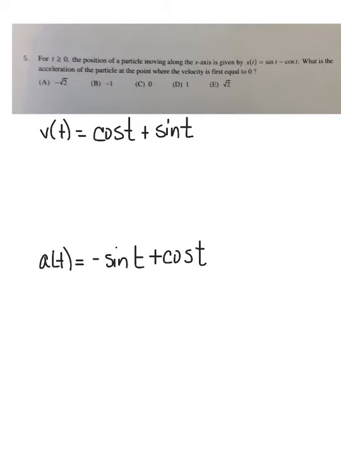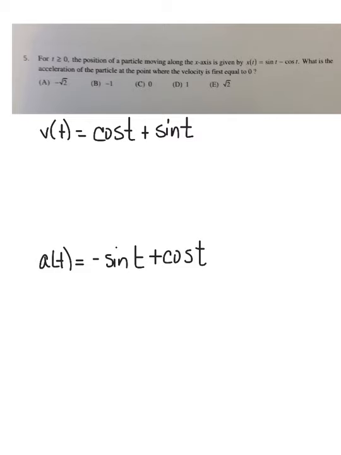So once you have that, that's when I want to kind of go back and reread that question really carefully. So it says, what is the acceleration? So we know we're going to use this equation, but let's be careful. At the point where the velocity is first equal to 0. So we have to find out where the velocity is equal to 0. That's going to give us a value of t, and then we're going to plug that value of t in there, okay?